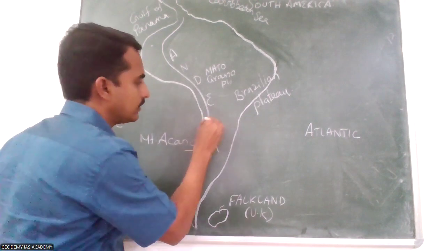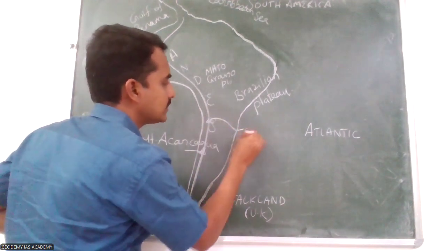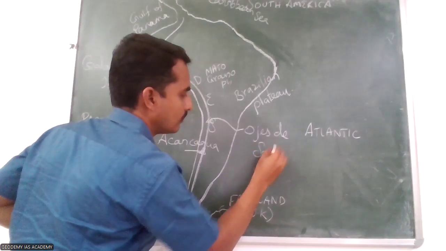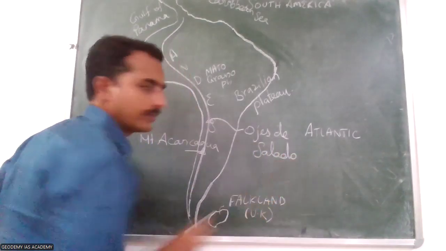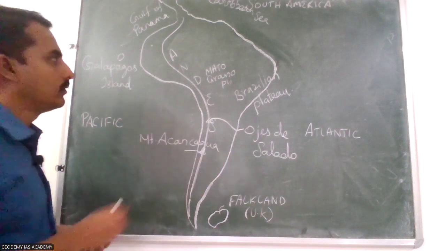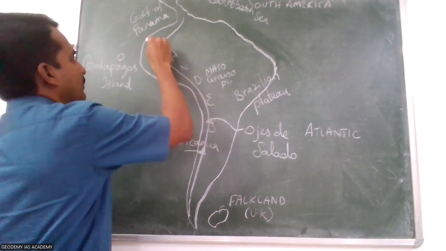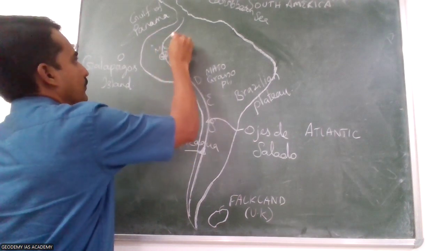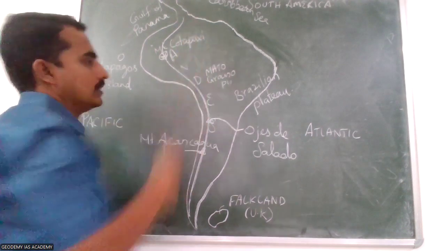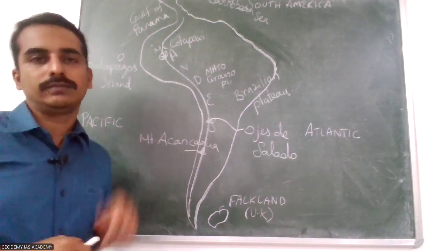And then here on the Chile-Argentina boundary, Ojos del Salado, which is also an active volcano. And then here Mount Cotopaxi. So these three are important active volcanoes in the Andes mountain.